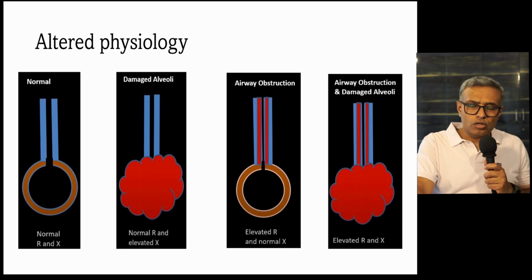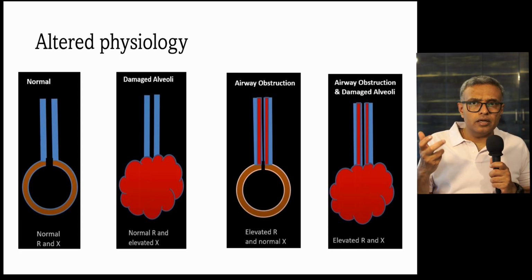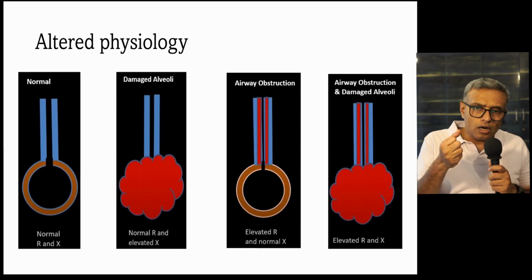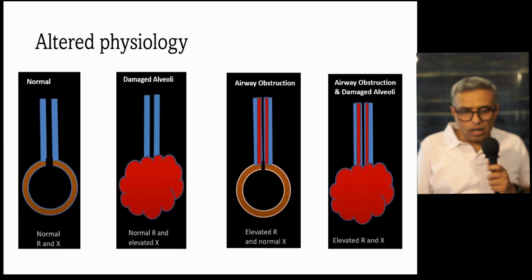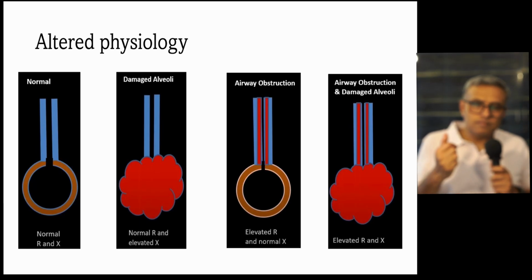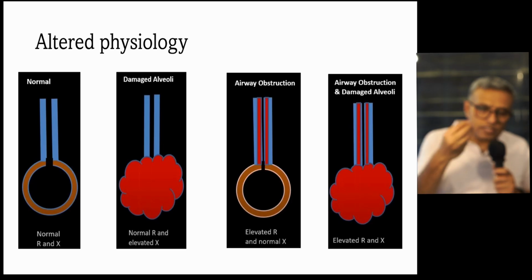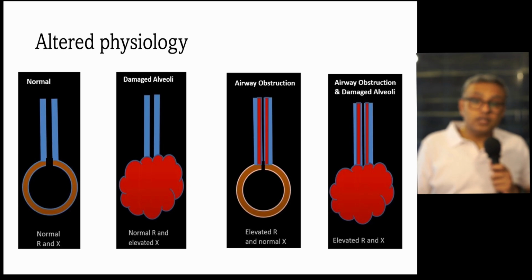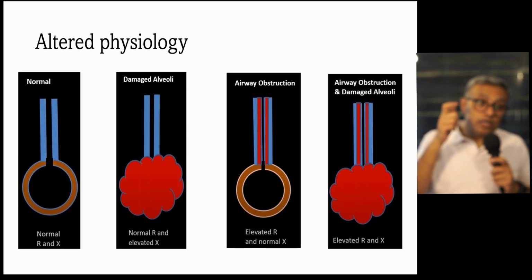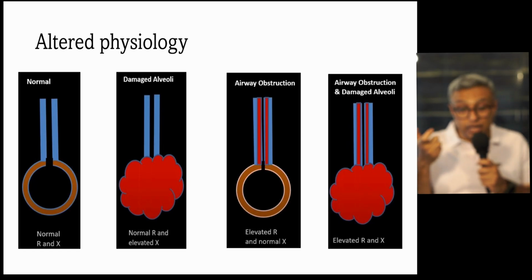Let's look at the altered pathology in response to your R5 and X values. So in a normal lung, you have both resistance and the compliance factors normal. In case of damaged alveoli, the R factor will still remain there because it is picking up the resistance of the airways.